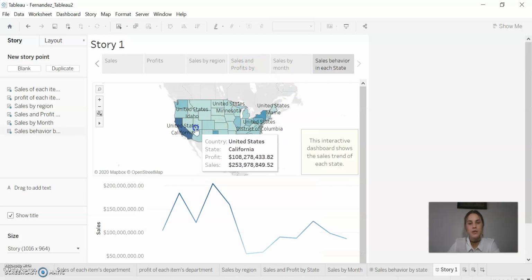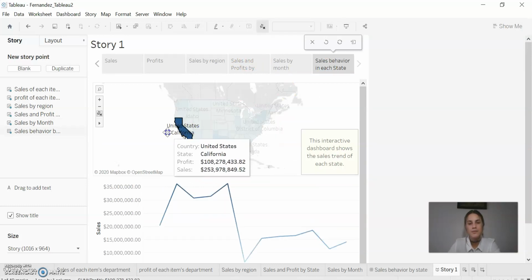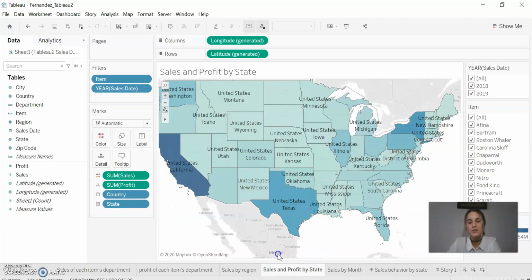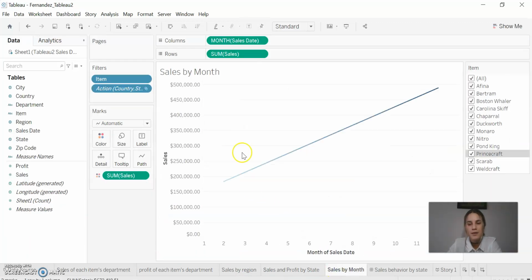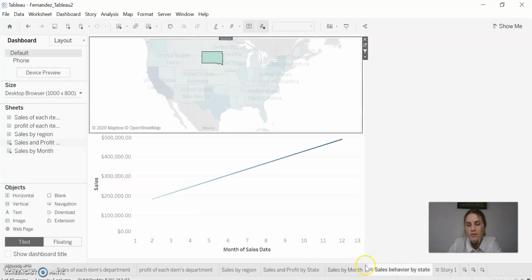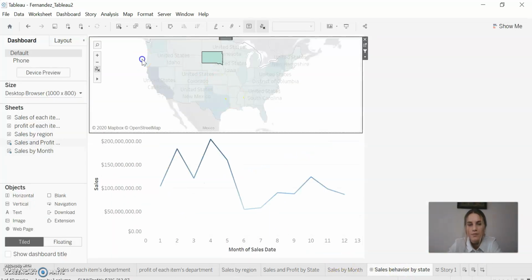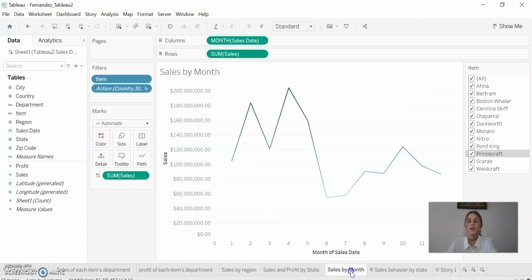So overall, I think that if we use, for example, the sales by month, if I was the marketing agent, I would suggest that maybe for this month, just creating some promotions or marketing better the products that are not selling a lot.